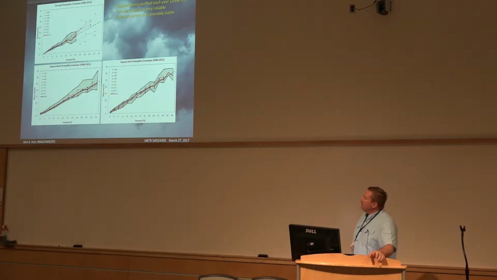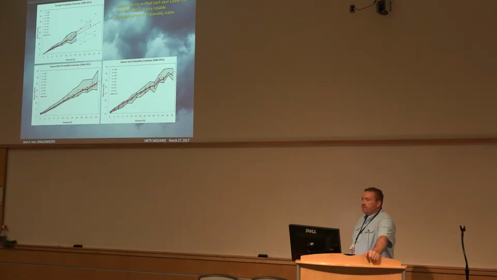So if you look at the upper left, the tornado probabilities, if SCRAM says there's a 10% probability of a tornado, the outcome is probably 10.5 or 11%. Over millions of cases, a decade of time, it's very reliable.